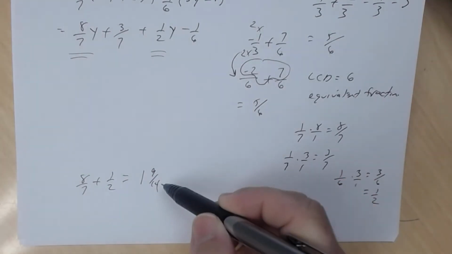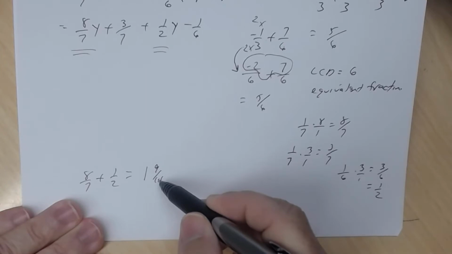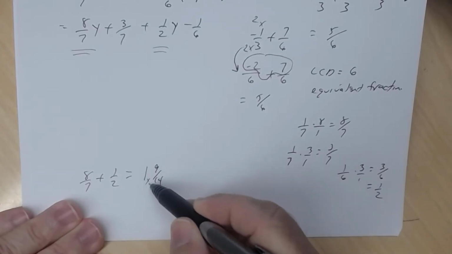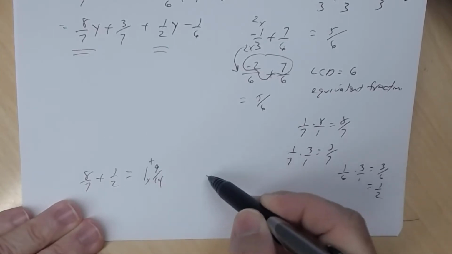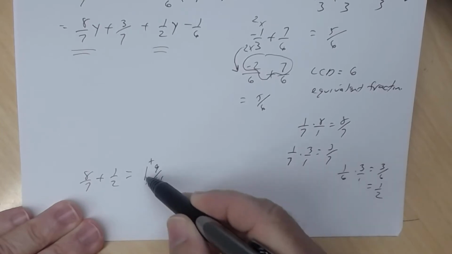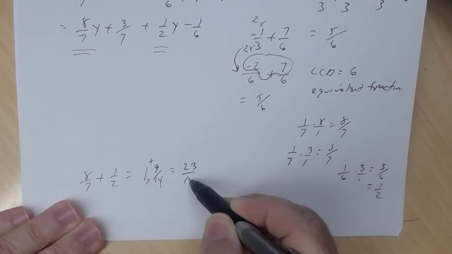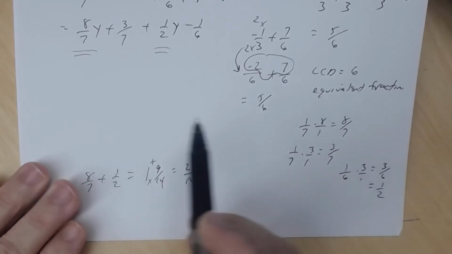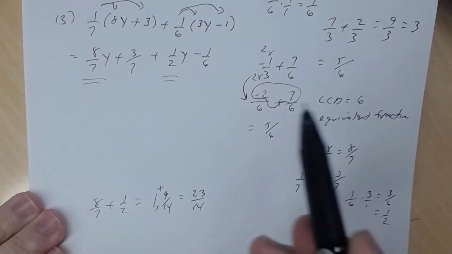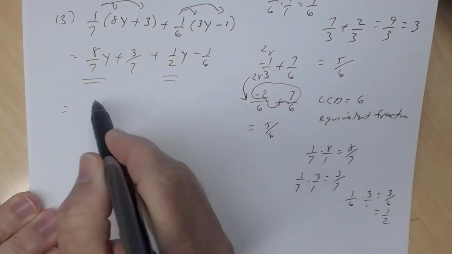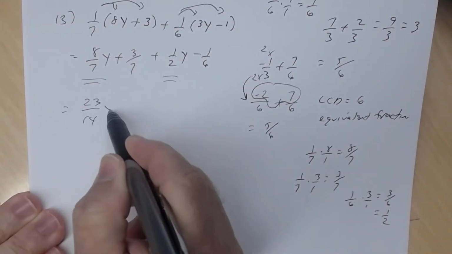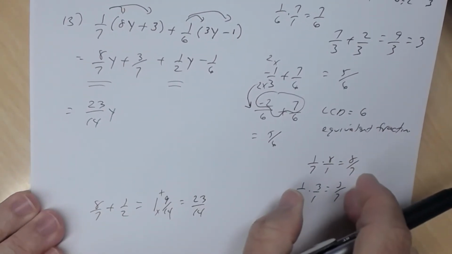And remember how to change a mixed number back to an improper fraction. You're going to say 14 times 1 and then plus 9, plus the numerator. So 14 times 1 is 14, and then 14 plus 9 is 23. So you got 23/14, and this becomes 23/14 y. That's what this is.